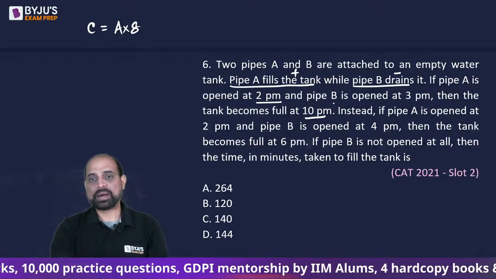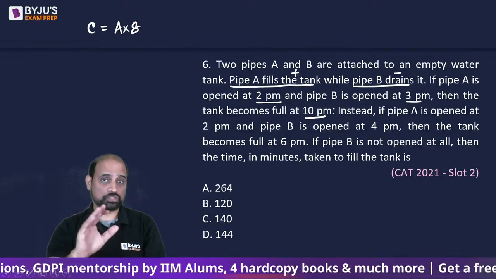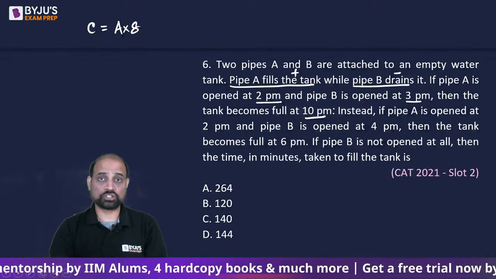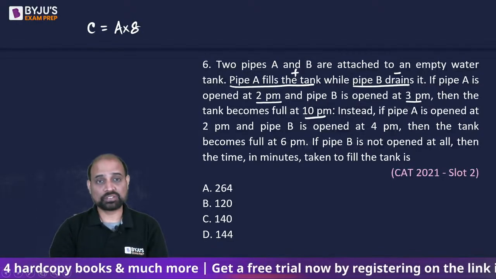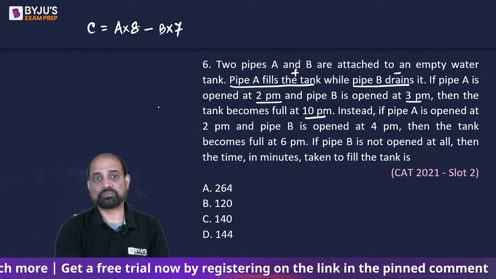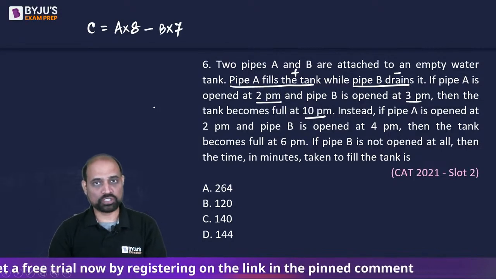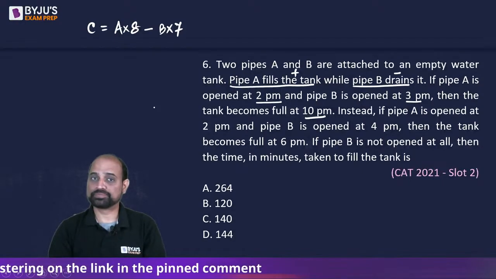Okay. And pipe B is opened at 3 p.m. and it's obviously draining, but it's also associated with the container and it was working for 7 hours. So can we say it subtracted 7B amount of water? Here A and B, these are the efficiencies of the respective pipes.